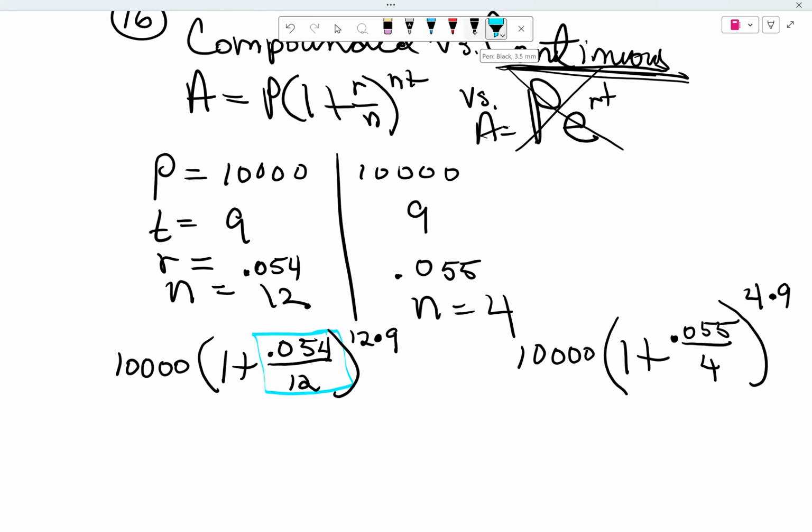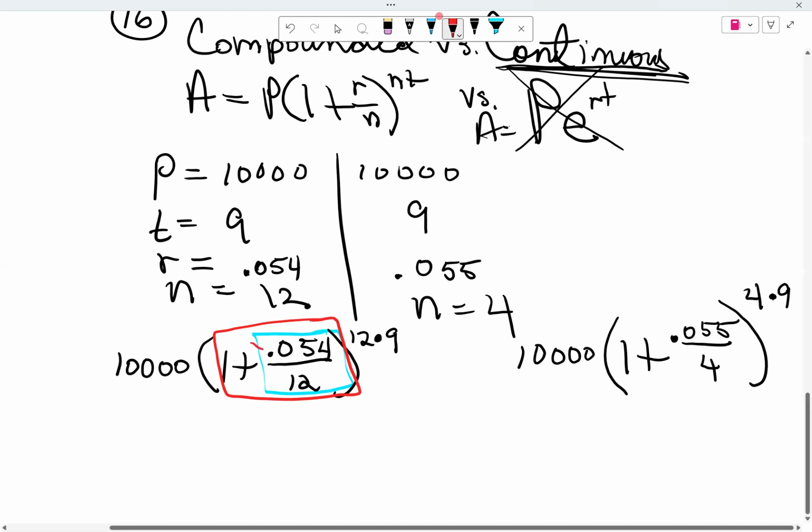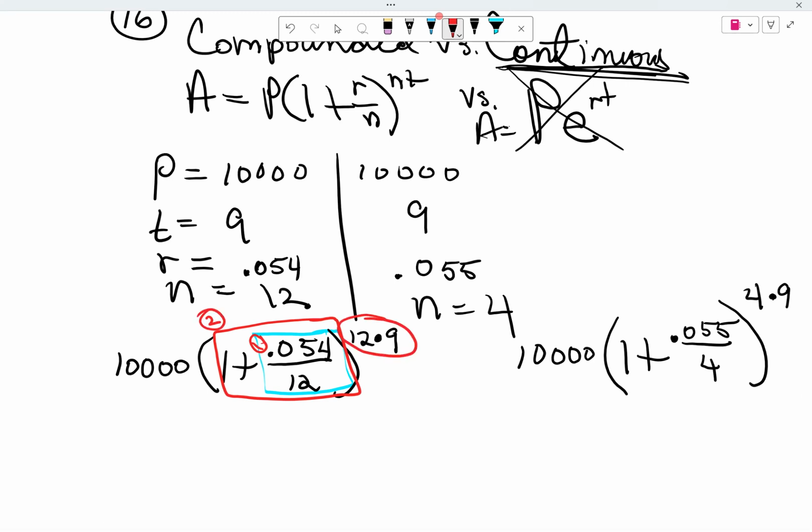Then after you do this part, you're going to do this part second. You're going to add the 1. And when you're done with that, so this is like 1, this is like 2, and this is like part 3, you're going to multiply that, find out what that is, and you're going to raise all of this to that number. Then part 4, or the last part, is you multiply by 10,000.